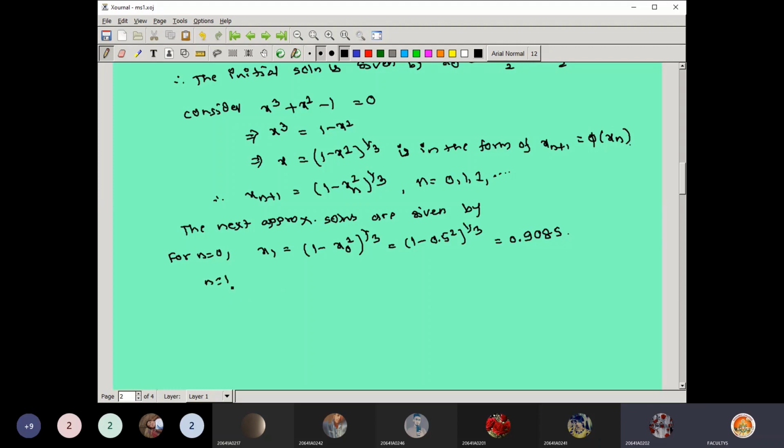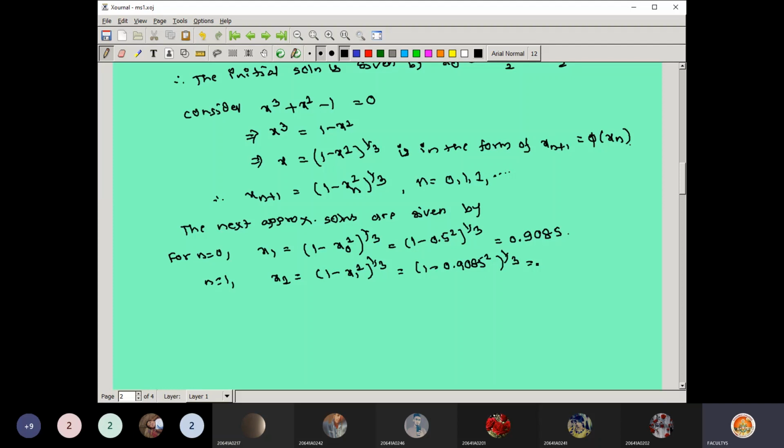Okay. Next you go for n equal to 1. Your left hand side x2 is (1 minus x1 square) power 1 by 3. Left side is n plus 1, right side is n. So 1 minus x1, already you calculated 0.9085, square, power 1 by 3. So again you do the simplification.